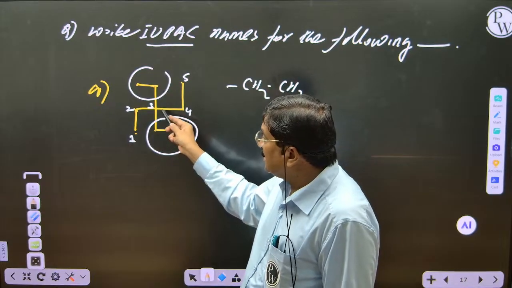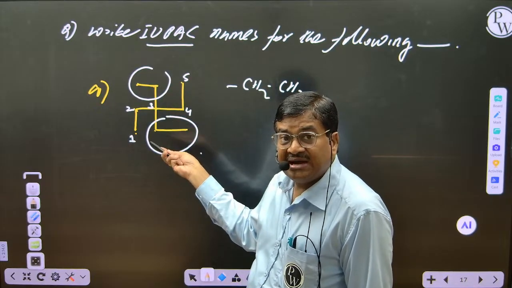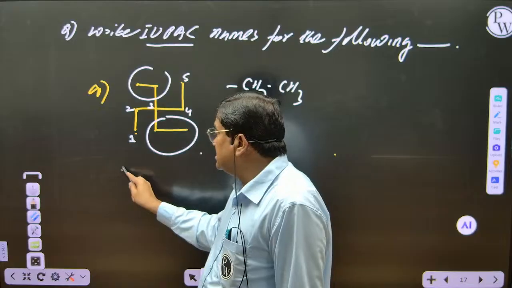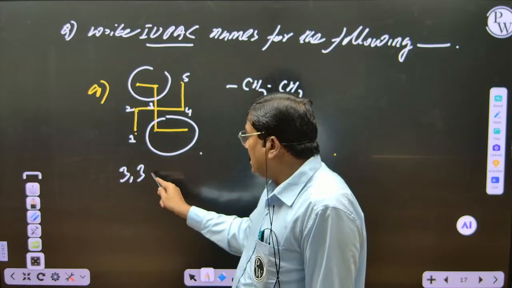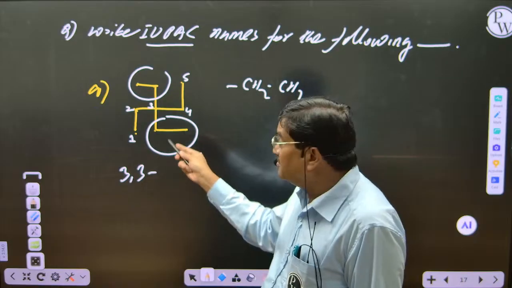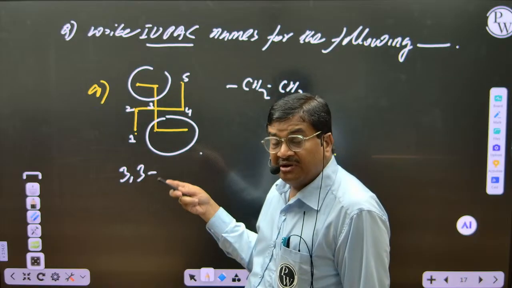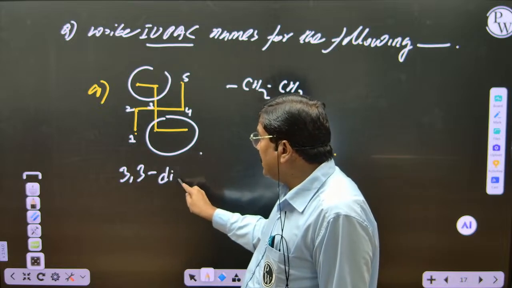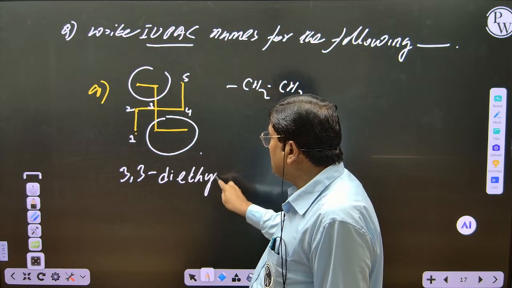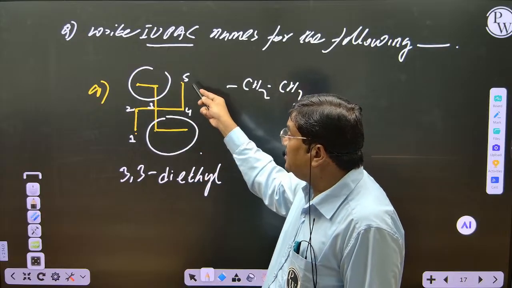Now where is it located? At the third position, you have to tell the address. So I have to mention 3, 3. Numbers are separated by a comma, then a hyphen. How many ethyl groups are there? 2. Whenever two similar groups are there, what do we write? Di. So I have to write diethyl. Then comes the word root. What is the word root here? Pent.